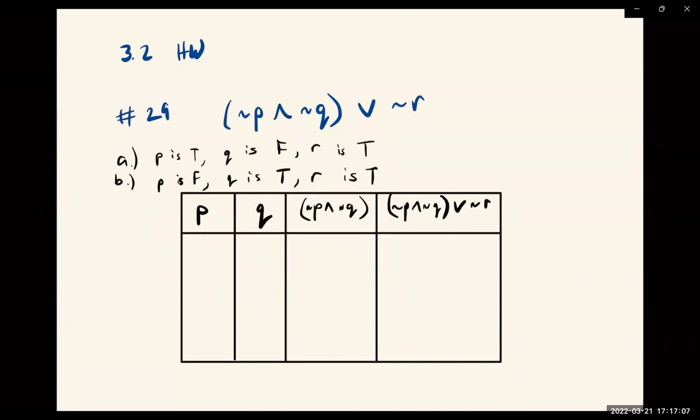So I'll just draw a line here. Oh, I forgot one more column, the R column. Let me extend that out over here. Oh, actually, that's bad. Let me try that one more time.